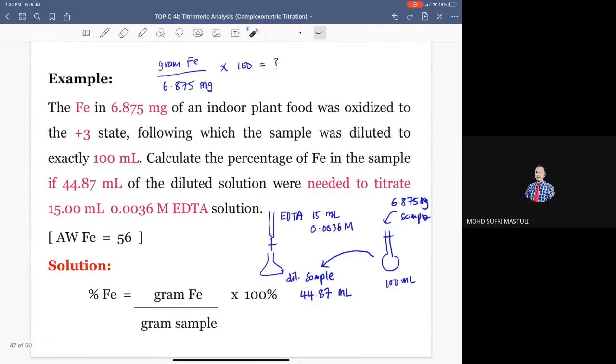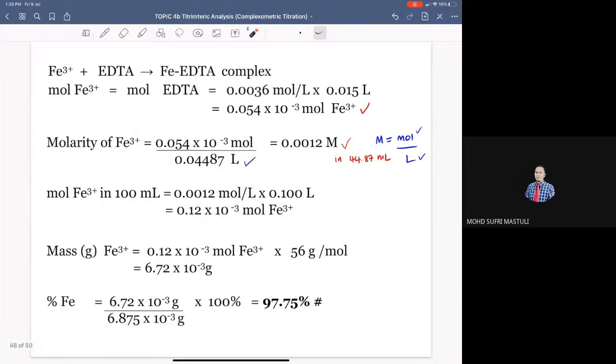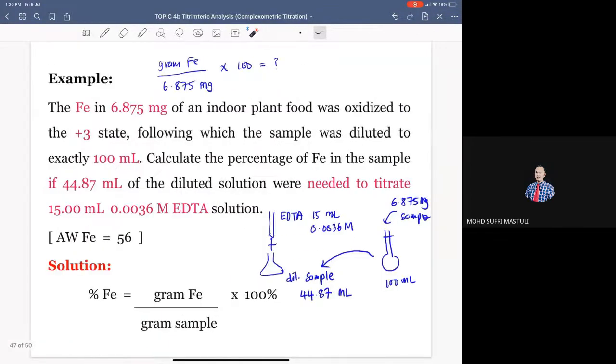Of course, the molarity here is similar to the molarity here because there is no further dilution. So the molarity is 0.0012 molar, and here also 0.0012 molar, because this 44.87 ml is taken out from 100 ml.